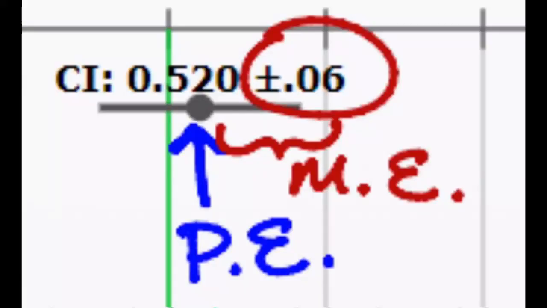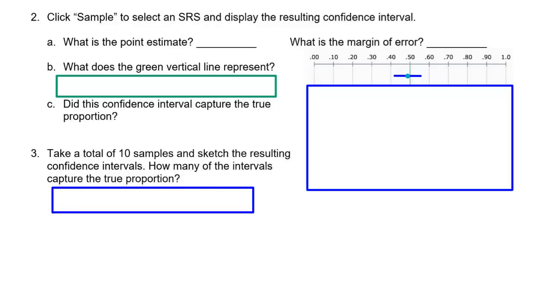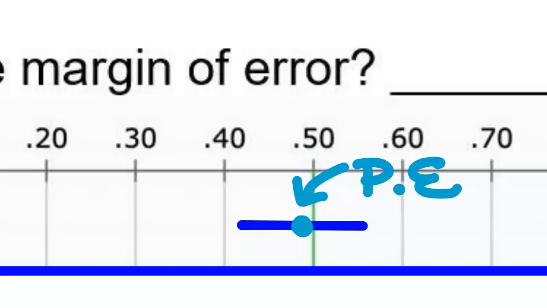All right. So what I want you guys to do on your page is you have a spot right here. I want you to sketch in the confidence interval, including the point estimate. So if I were to sketch my first one, it would look kind of like this. Remember this dot right here in the center, that's your point estimate.